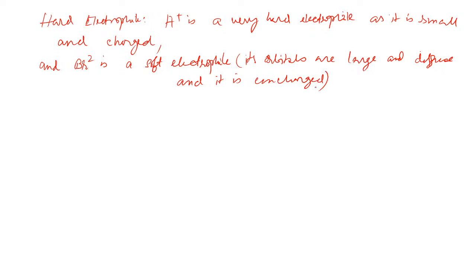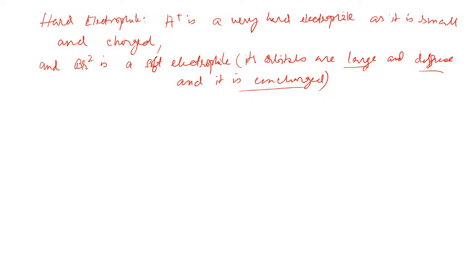Br2 is a soft electrophile because its orbitals are large and diffuse, and also it is uncharged. So electrophiles and nucleophiles which are small, charged and not polarizable are called hard, and those which are large and can be easily polarized are called soft electrophiles or nucleophiles.